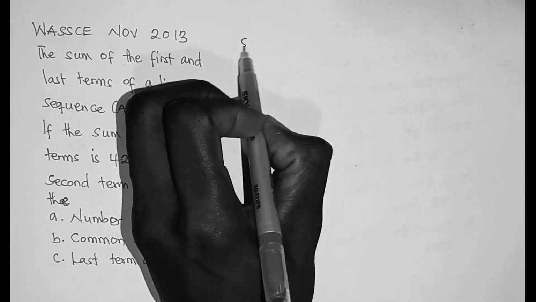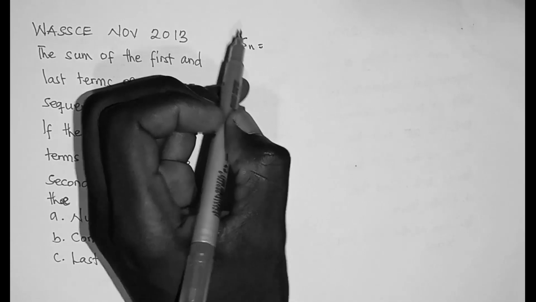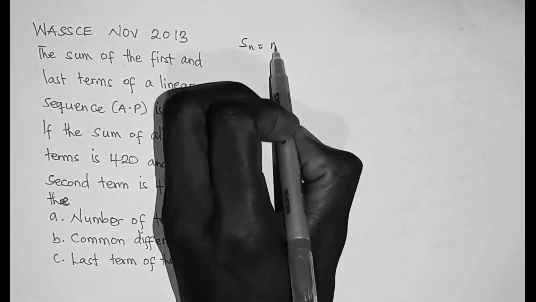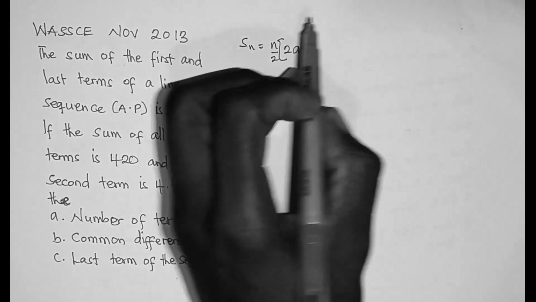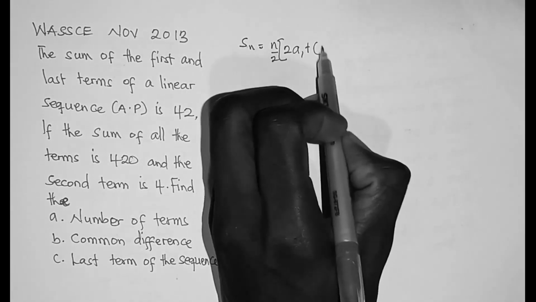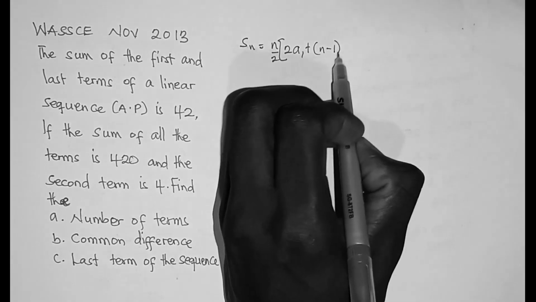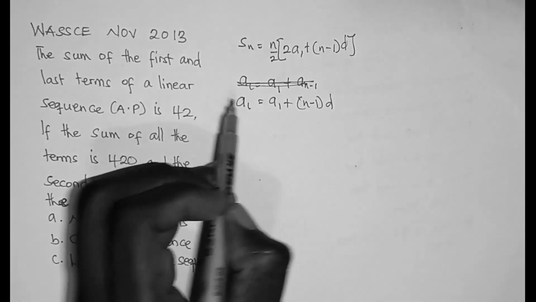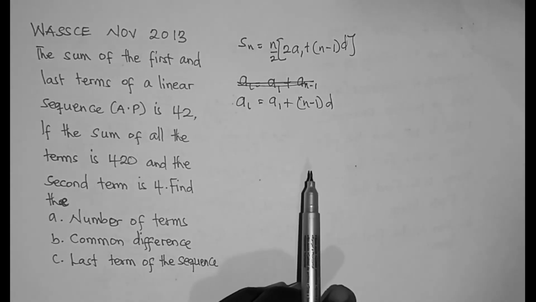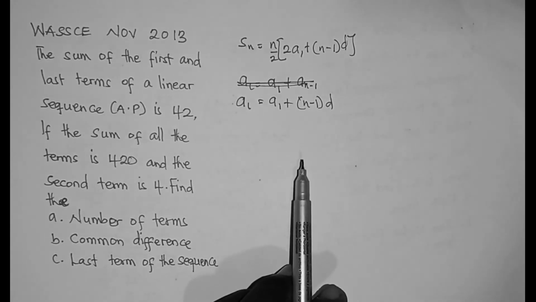So let's write the formula for finding the sum. Sn equals n over 2 times the bracket 2a1 plus the bracket n minus 1 d. The last term, al, is equal to a1 plus n minus 1 d.